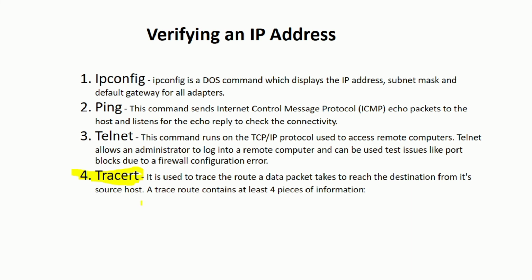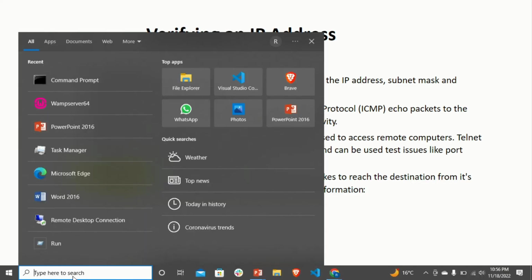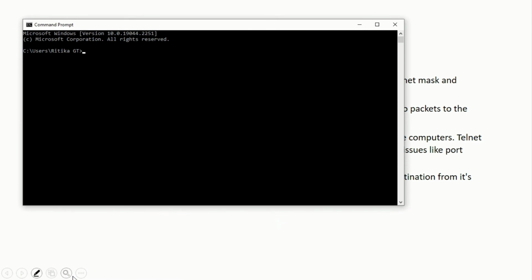That means when you have to trace the route between the source and the destination, TRACERT is the command for you. Now let's see the hops between the source and the destination, what a packet jumps through to get connected.